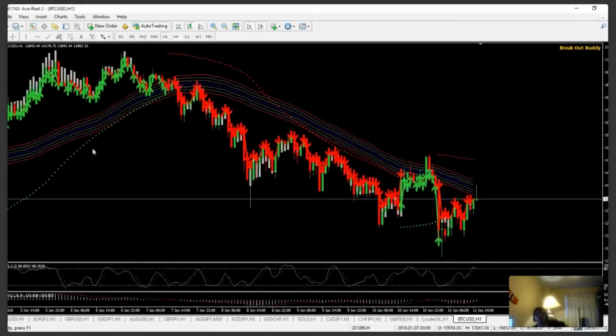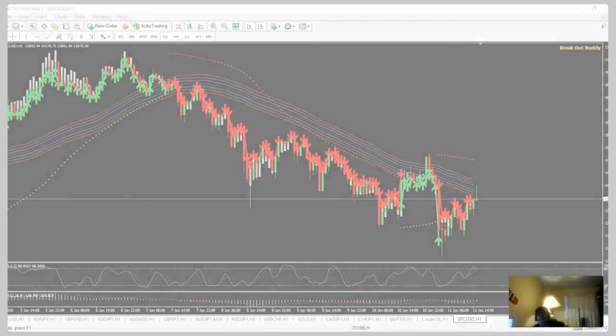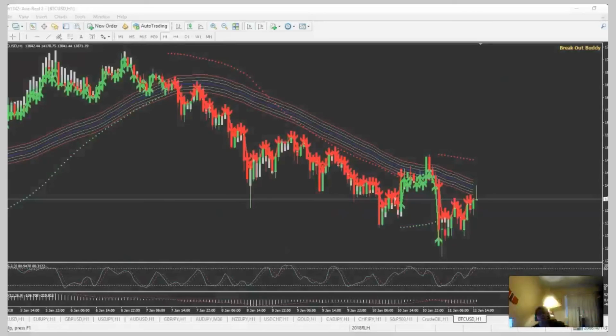Basically, we're in a wicked downtrend here. I'll tune this so that next time we look at this, I'm just going to show you here. Here's what I mean by a wicked downtrend.